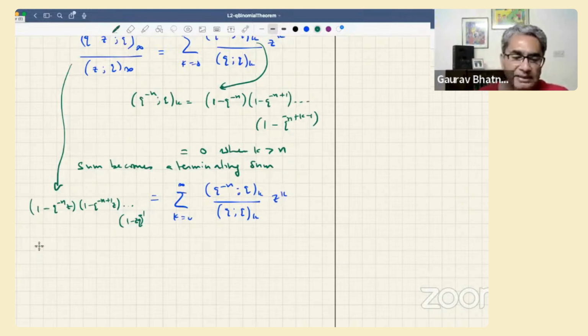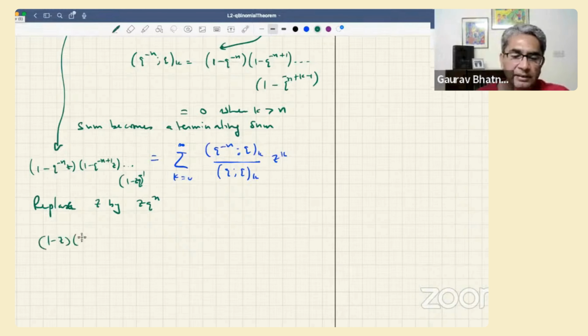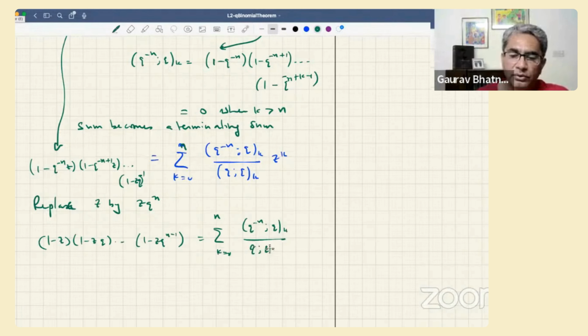So if we replace z by z q to the n on both sides, then we will get (1 minus z)(1 minus zq), and so on, up to 1 minus z q^(n-1). And here, the sum with k going from 0 to n of (q^(-n); q)_k over (q; q)_k z^k q^(nk).